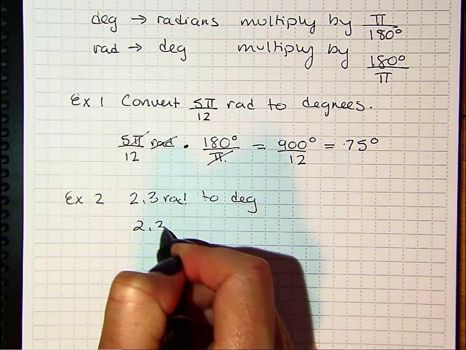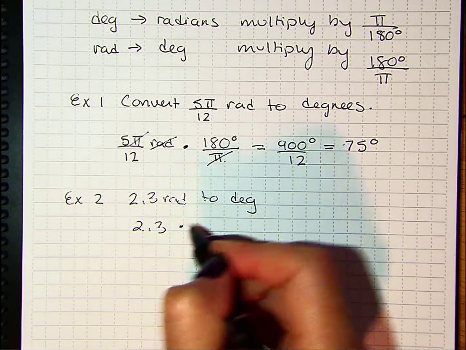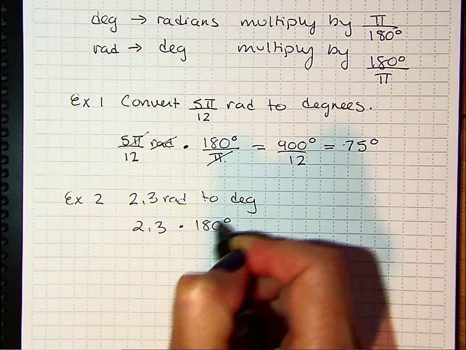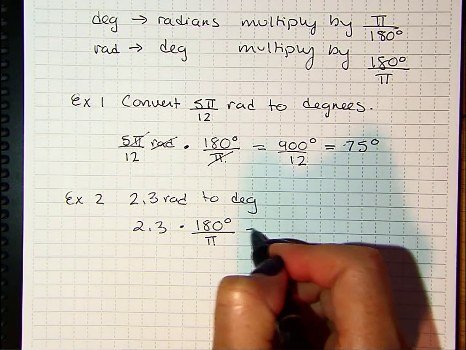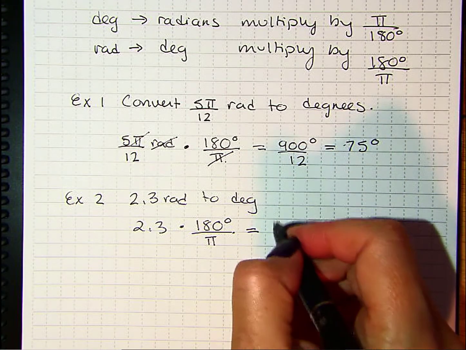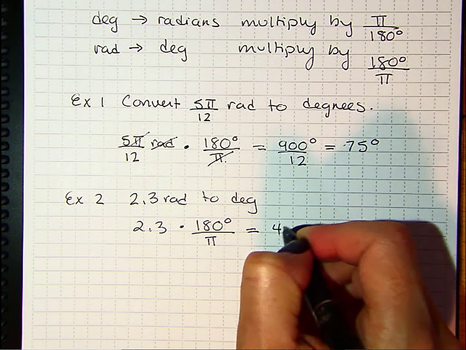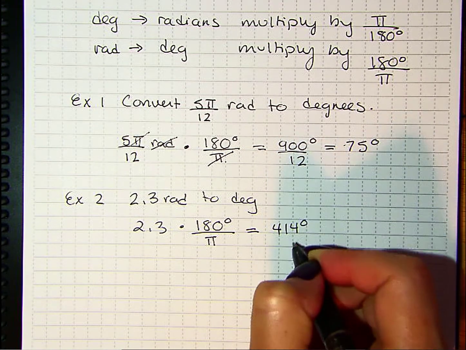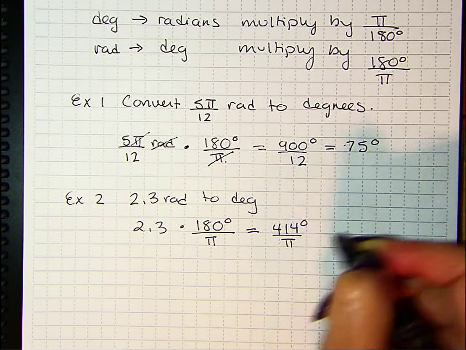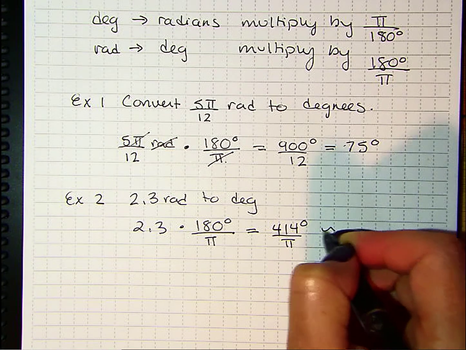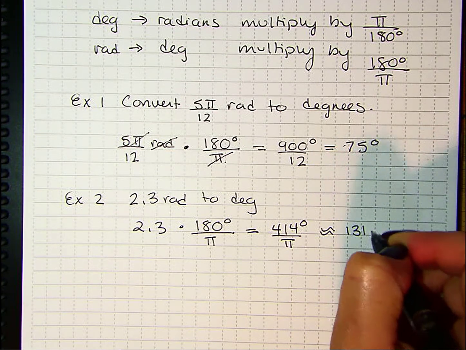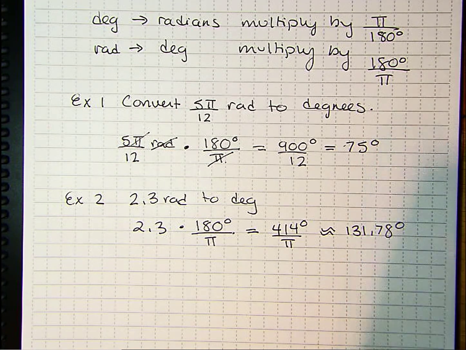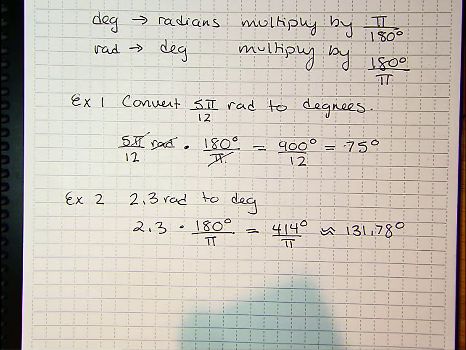So we do 2.3, you do the exact same multiplication, 180 degrees over pi. So you end up getting 414 degrees over pi, and then you put that into your calculator, and I'm going to round, it's approximately 131.78 degrees.